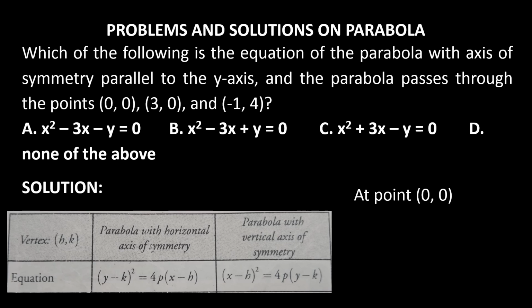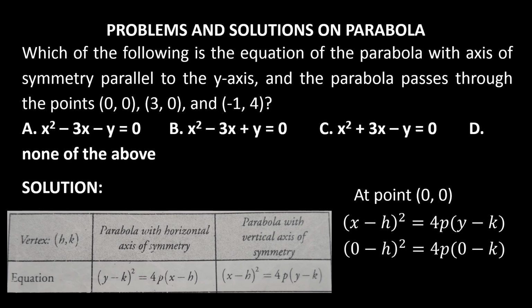All we have to do is replace x as 0 and y as also 0. So from that we have (0 minus h) squared equals 4p times (0 minus k). Simplifying, we get h squared equals negative 4pk. So that is the first equation from the first point at (0, 0).